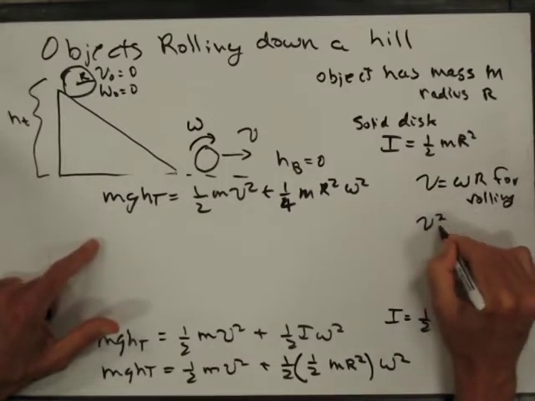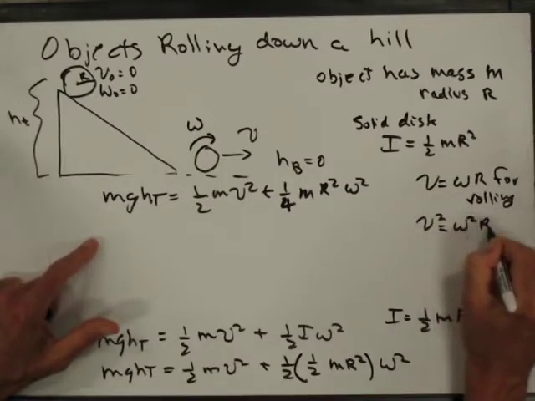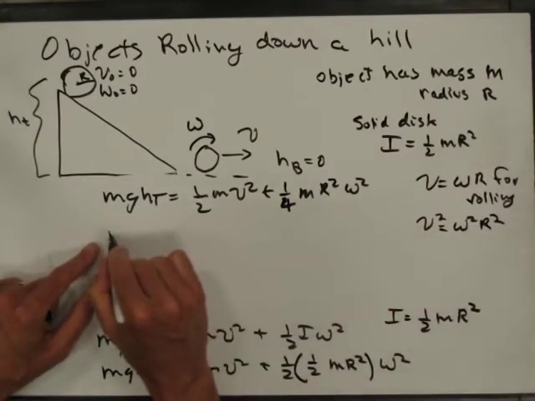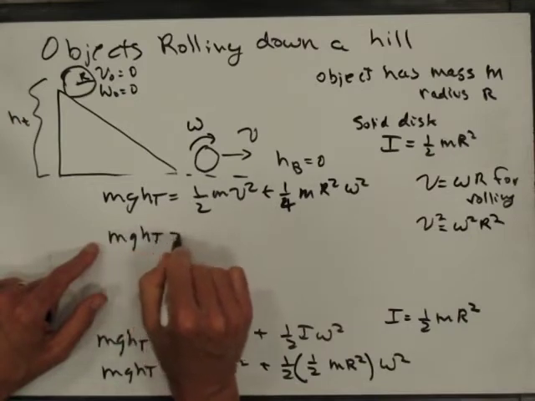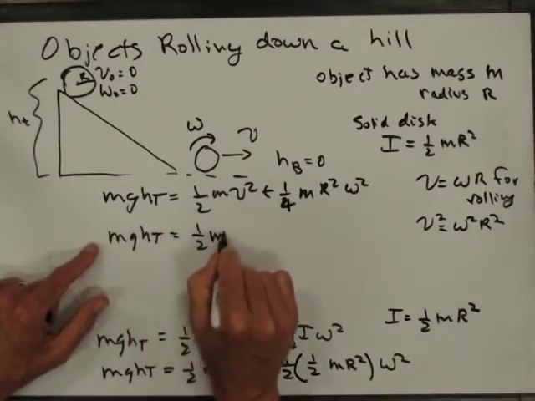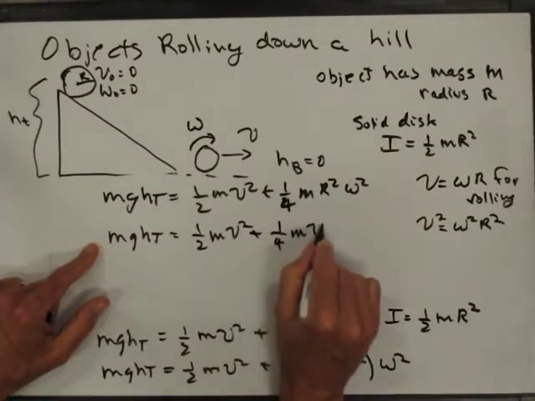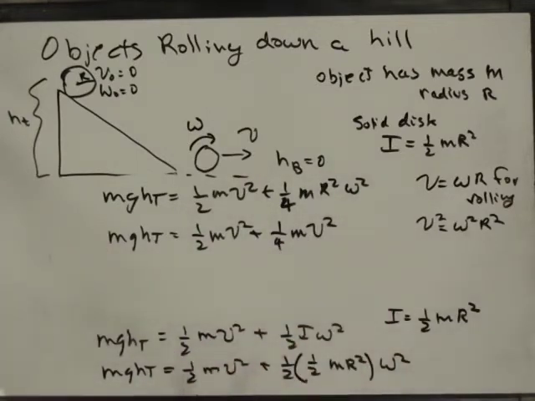So v squared is equal to omega squared r squared. And so I can replace this with v squared, and I get mg h top equals 1/2 m v squared plus 1/4 m v squared.